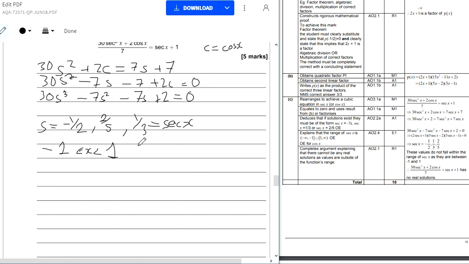And so sec x, no solutions. And since all of these are between that, so minus a half, 2/5, 1/3, there are no solutions.